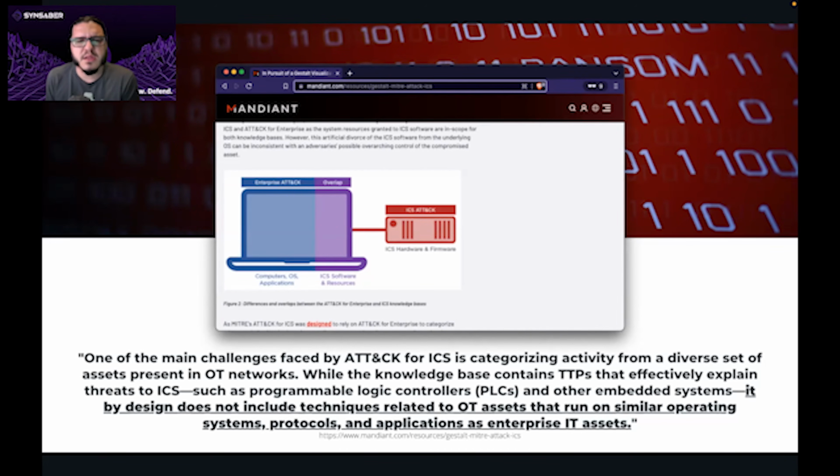So to completely discount it, I understand the inclination or need to specialize and to specifically call out, which is what ICS attack does. But to discount it or discredit it out of the risk equation is absurd to me. Even if you look at some of the examples in the upcoming slides of your common attacks, we can list off the first 10 steps that apply to enterprise systems almost exclusively.